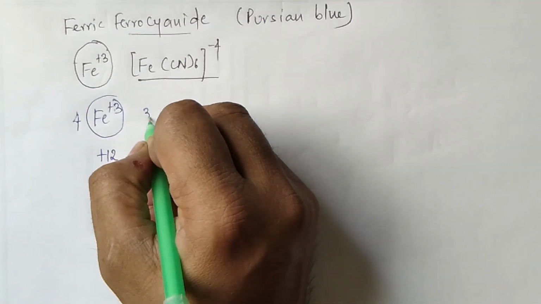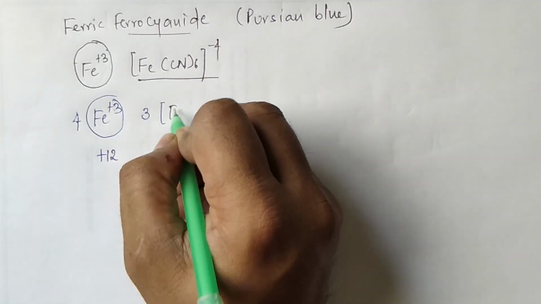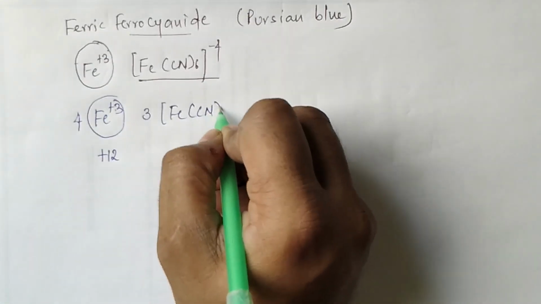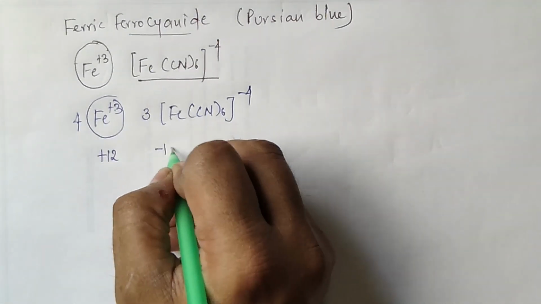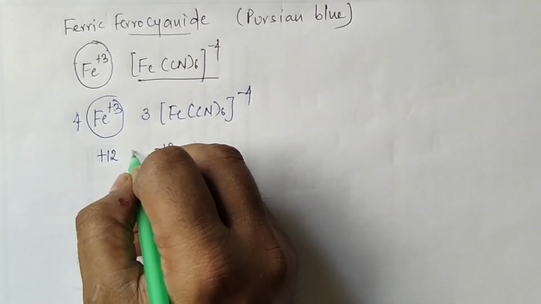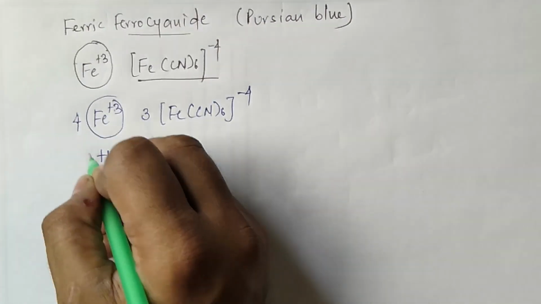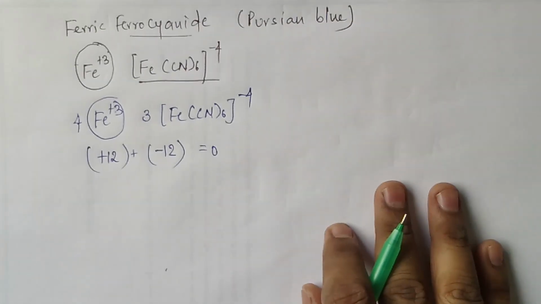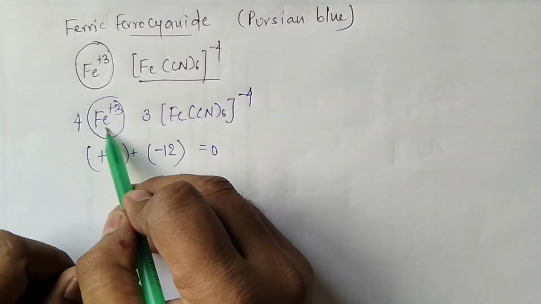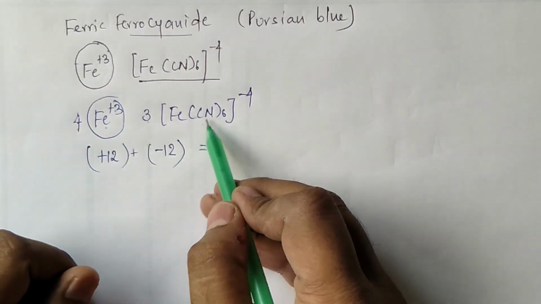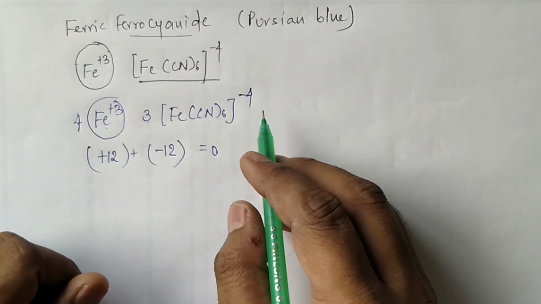And I will need 3 radicals of [Fe(CN)6] to the power -4, so the total charge will be -12. So the net charge, if you add both of them, will be equal to 0. So to make this, I need 4 radicals of Fe+3 and 3 radicals of [Fe(CN)6] -4.